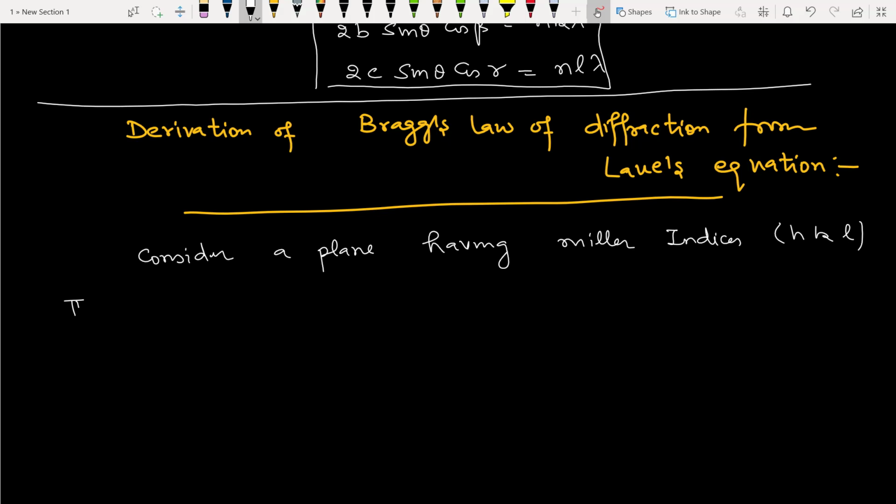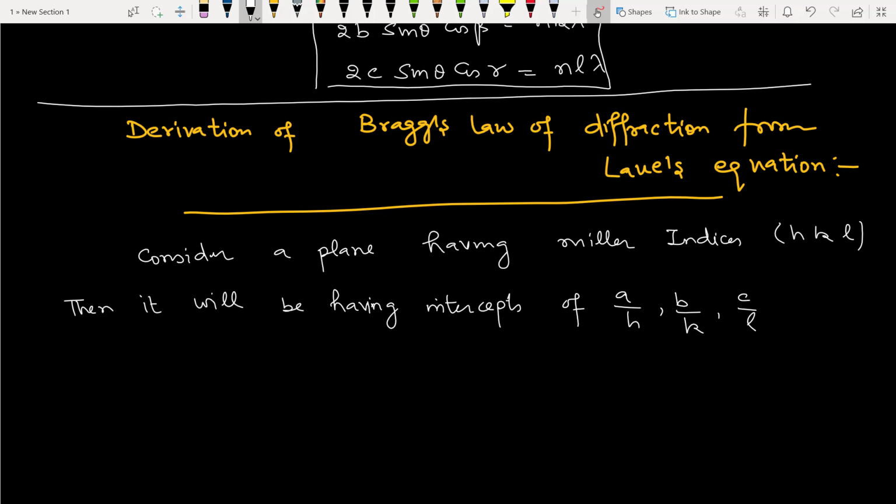Then it will have intercepts of a by h, b by k, c by l respectively along the three crystallographic axes.